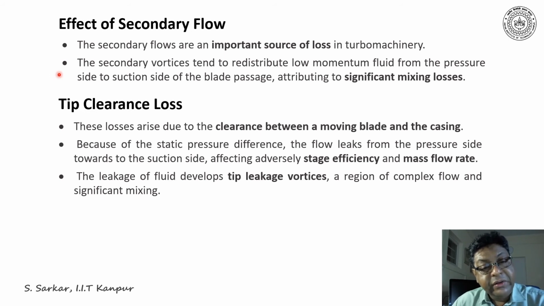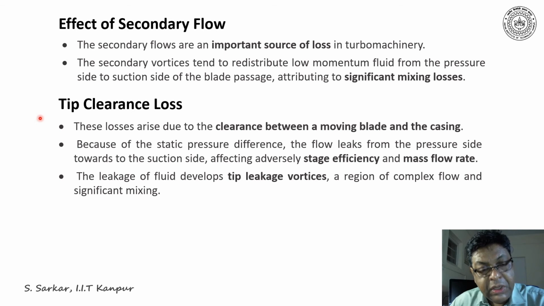The secondary flow vortices tend to redistribute low momentum fluid from the pressure side to the suction side of the blade passage, attributing to significant mixing losses. Thus, the main loss of secondary flow is the mixing loss because of redistribution of momentum from pressure side to the suction side.